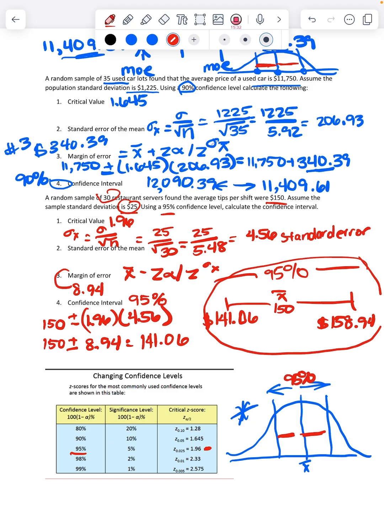Now, I'm going to look too at my margin of error is going to be 8.94 margin of error. And so if I was looking at it here, they're going to fall right here, 95% around the mean in the average tips per shift.